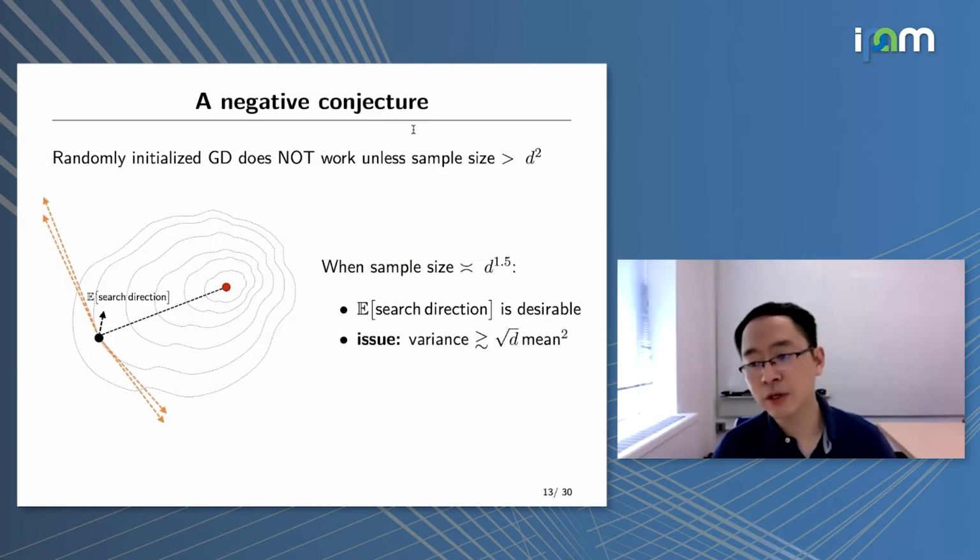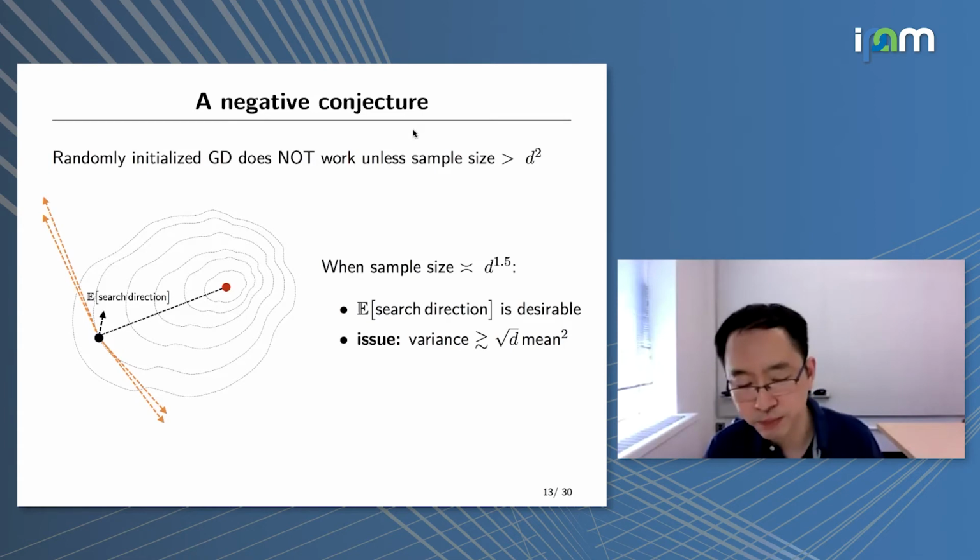The issue arises because of the variability, or variance. If you compute the variance at the initial stage, you can check that the variance of the search direction becomes substantially larger than the expected direction squared, some sort of mean square.